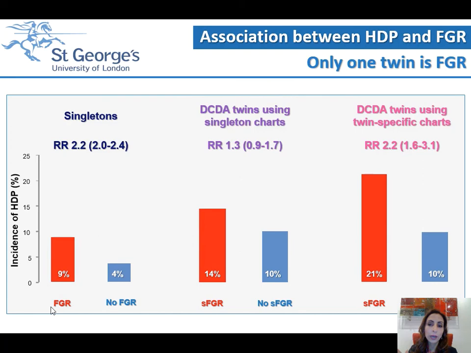So if you have selective fetal growth restriction in a dichorionic twin pregnancy, you have double the risk of developing hypertension or preeclampsia compared to if you don't have selective fetal growth restriction. And therefore, this study further supports the use of twin-specific growth charts in assessing fetal growth in twin pregnancies.